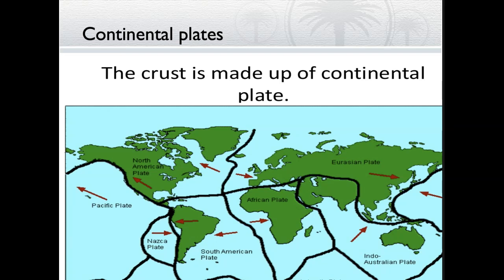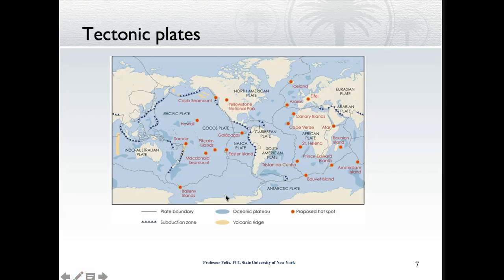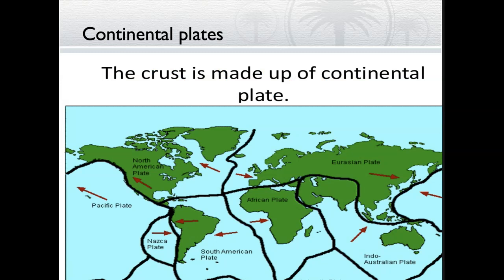If you were to take out all of the water from the seas, what you would have at the bottom would be land, and the land would be divided into these plates. As you can see, the Caribbean Sea is in the midst of major plates that are crisscrossed, and they move in certain directions.